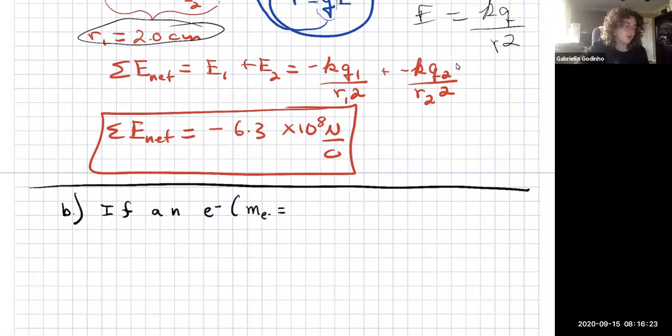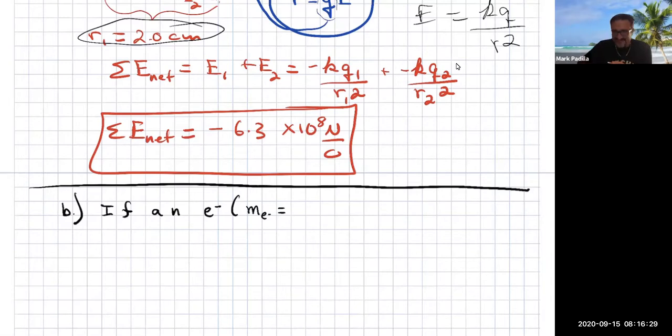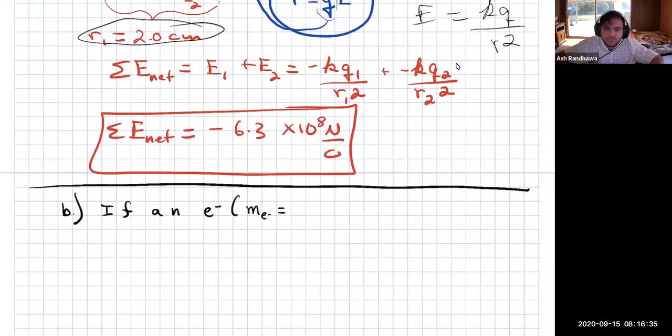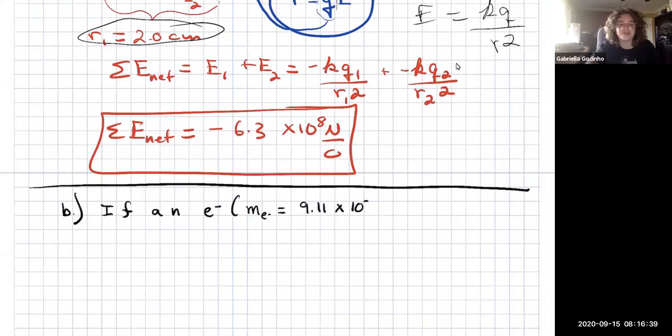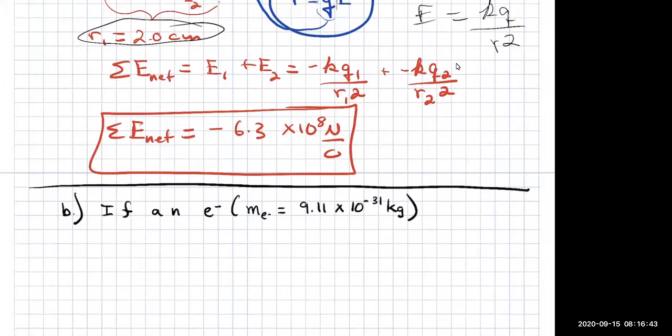I think it's 1.37 times 10 to the negative 27 or something like that. No, that was close. I have it in my homework, I swear. 1.6 times 10 to the negative 19. Oh, never mind, that's the charge. That's the charge, okay. The mass of an electron.